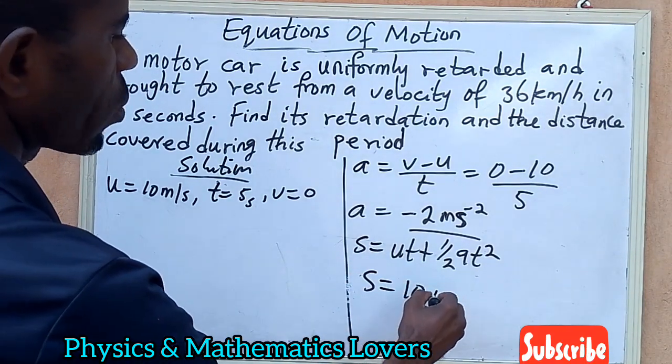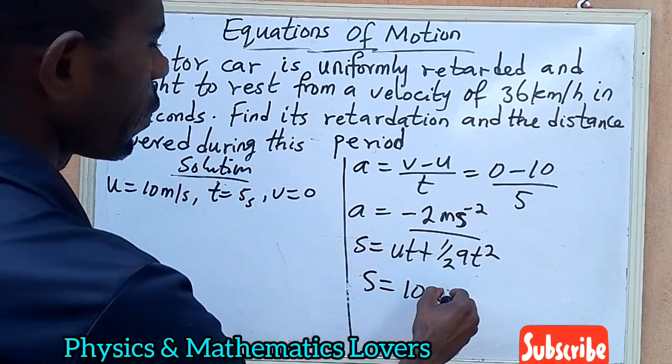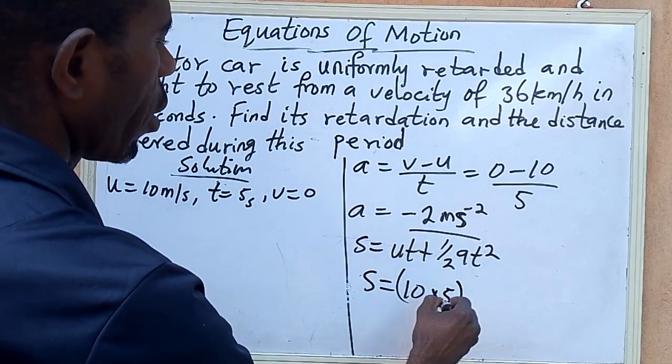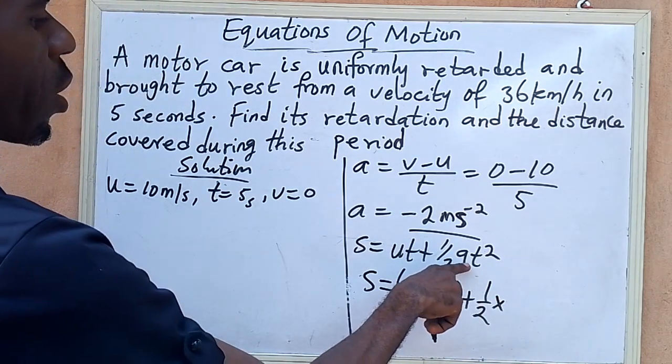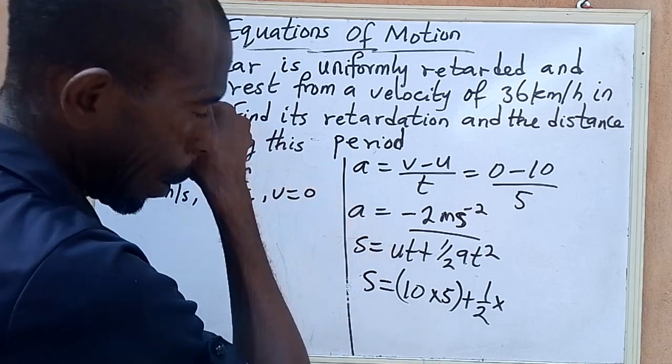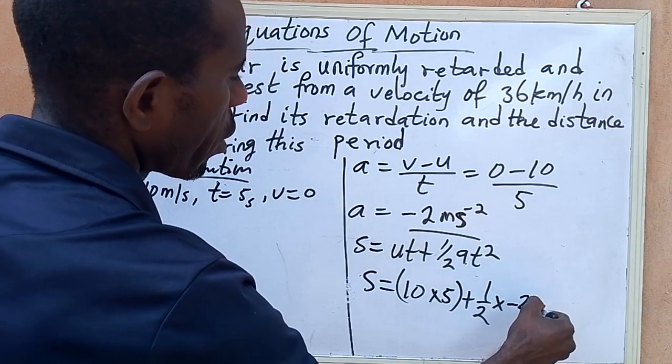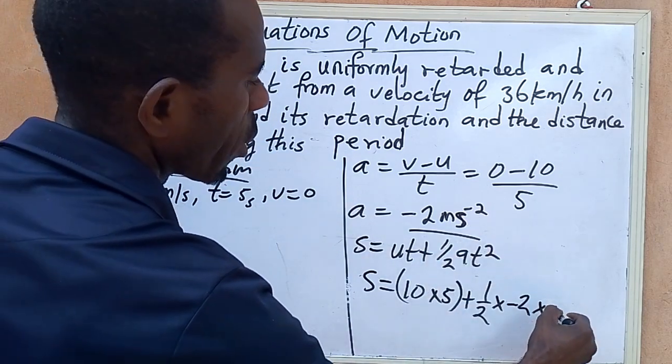So our distance s is equal to initial velocity 10, times our time, which is 5, plus half times our acceleration, which is a negative retardation, minus 2, times 5 squared. 5 squared is 5 times 5.